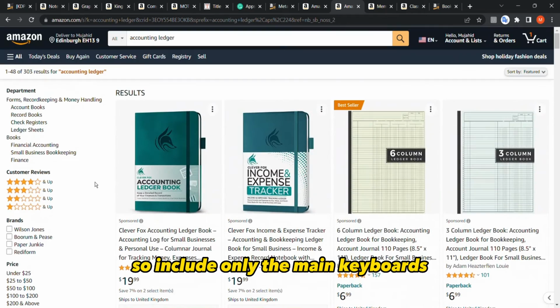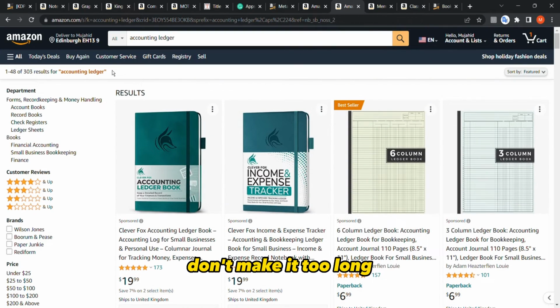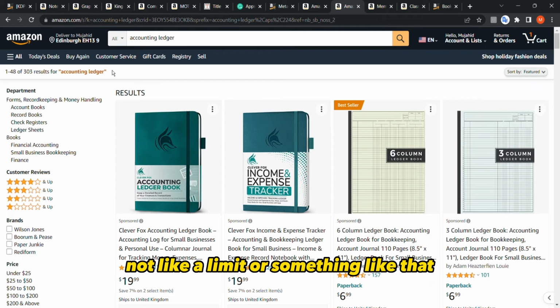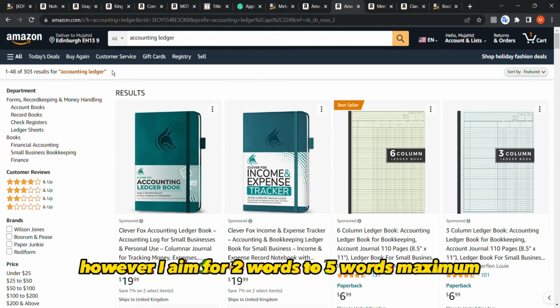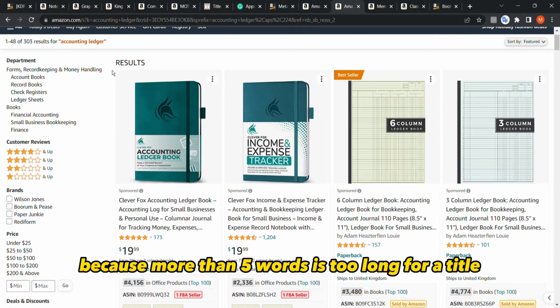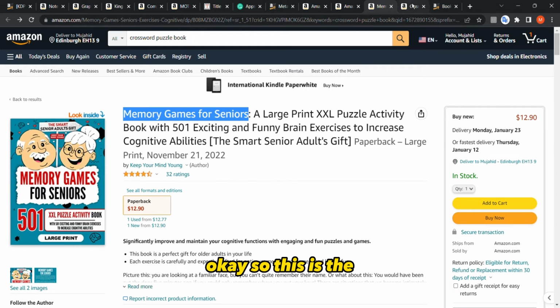So include only the main keywords. Don't make it too long. I advise you, not like a limit or something like that. However, I aim for 2 words to 5 words maximum, because more than 5 words is too long for a title. Okay, so this is for the title.